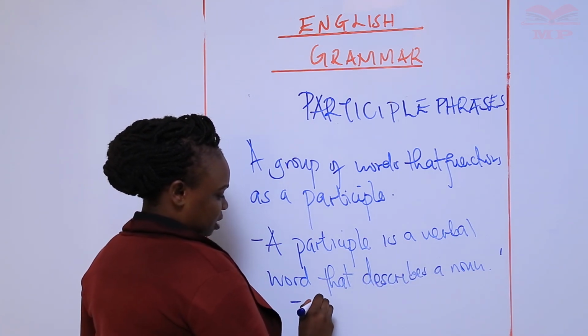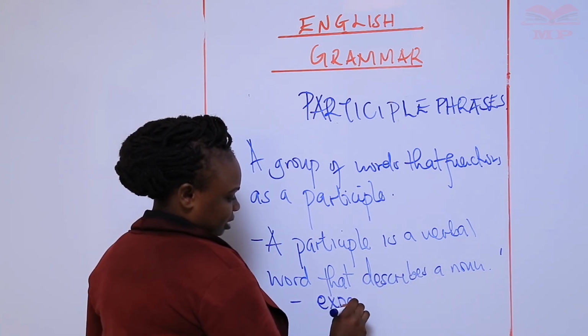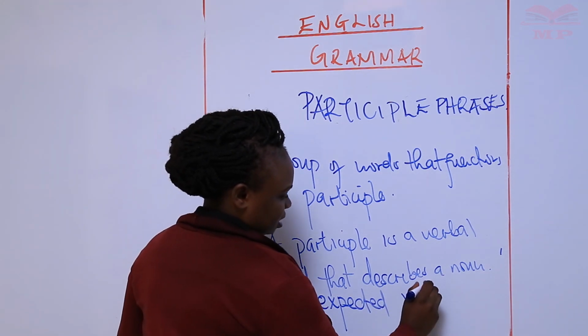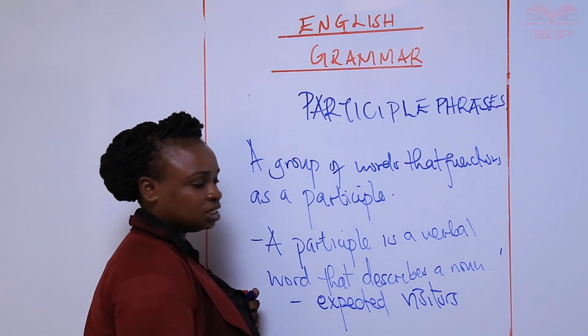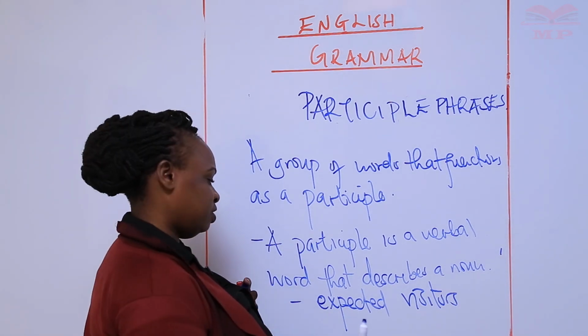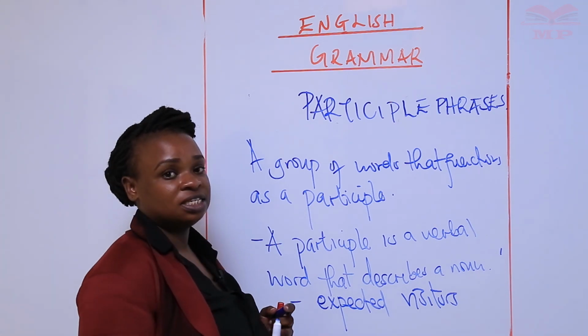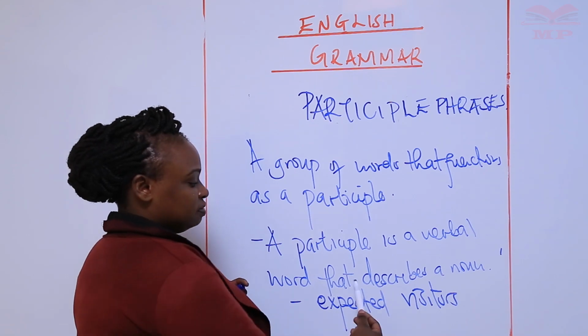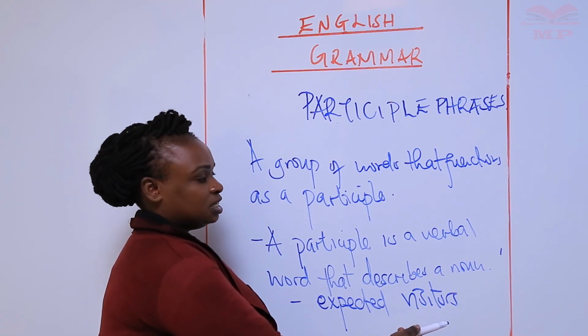For example, we say that expected gives us more information about visitors. So that in a sentence you can have, the expected visitors have arrived. So expected there is not used as a verb, rather it is used as a participle where it gives us more information about the noun visitors.